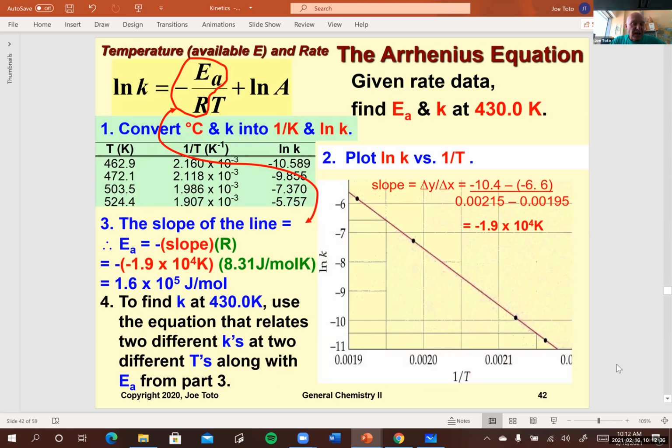And then we talked about how that's related to the slope of a line. Again, this equation is an infinite point equation. There are as many k, T points as you can think of. So in this form of the Arrhenius equation, to get a straight line, you're going to have to take the log of k and plot that against 1 over T, which is done down here.